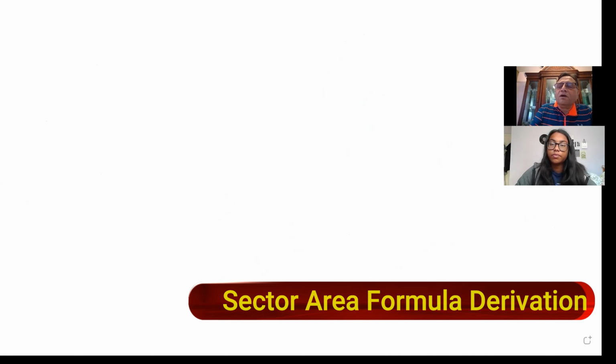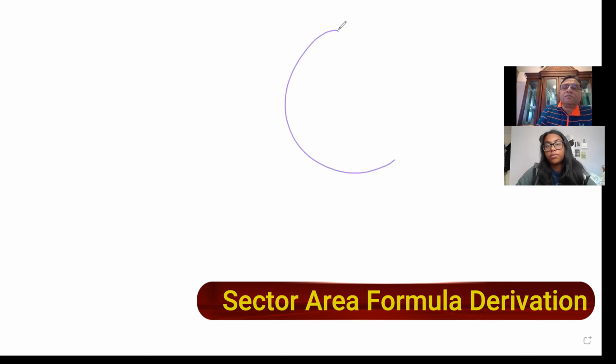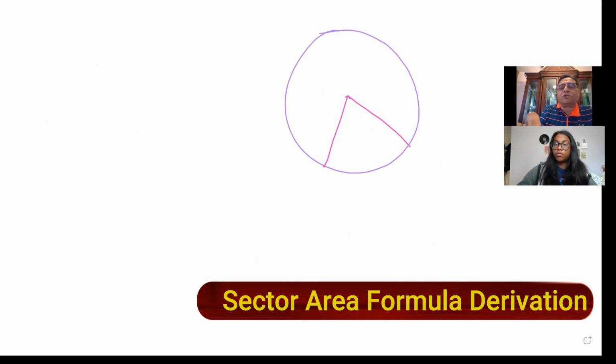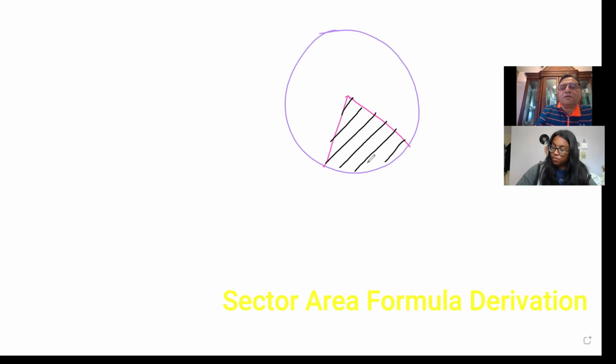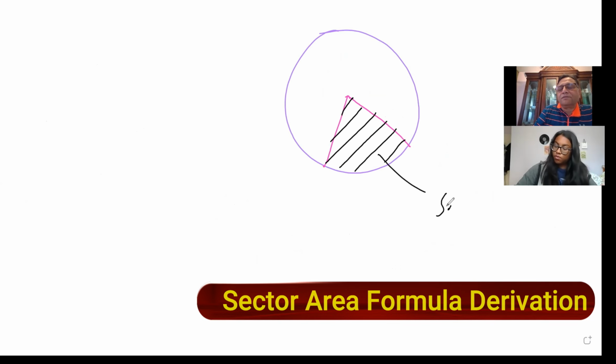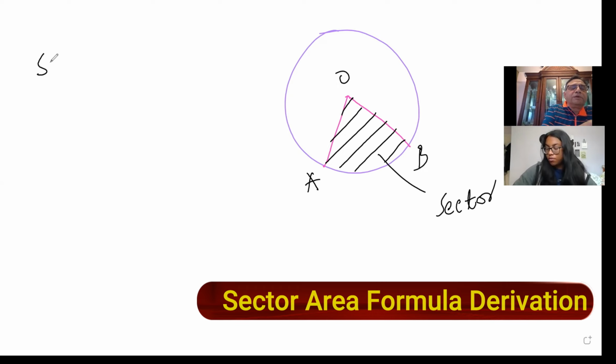Now, we'll look into the area. This time, I'm again making a circle. This is called a sector, correct? So we have a sector OAB.